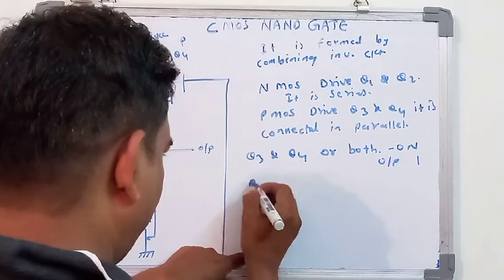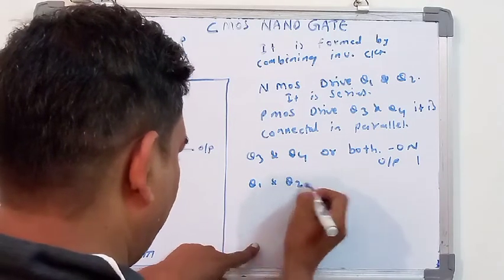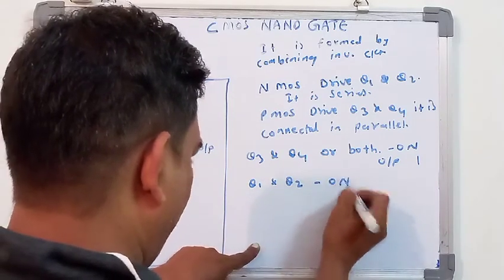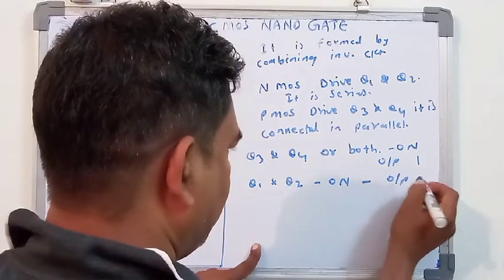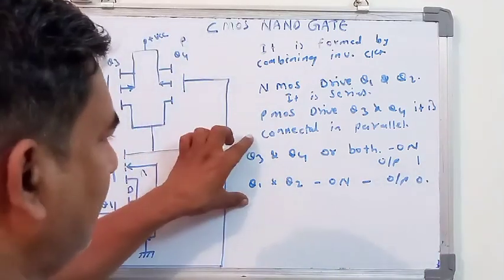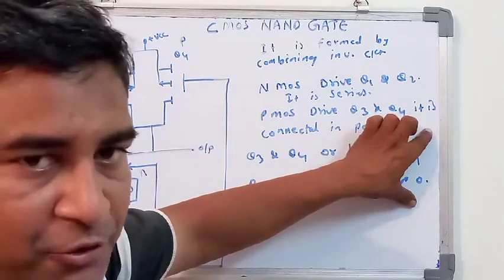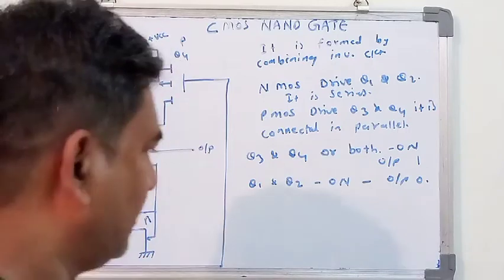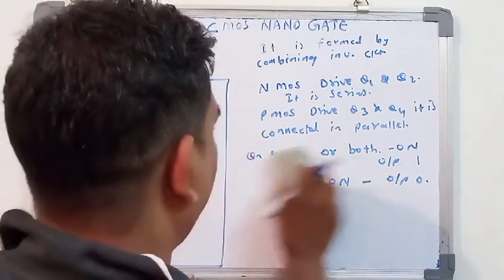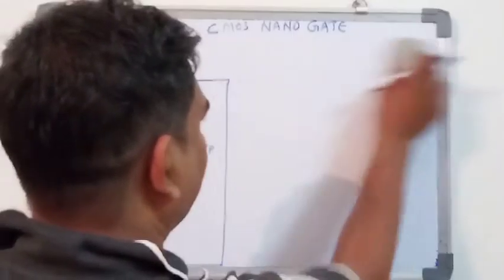When Q1 and Q2 are on, the output is 0. This is one thing you have to keep in your mind. Now from the table we will understand how it is going to work.